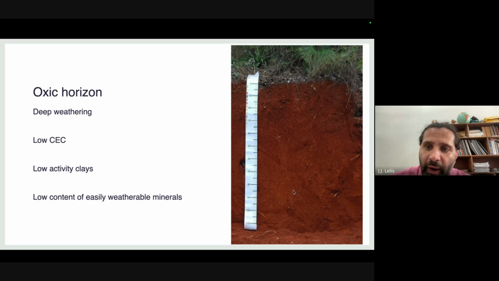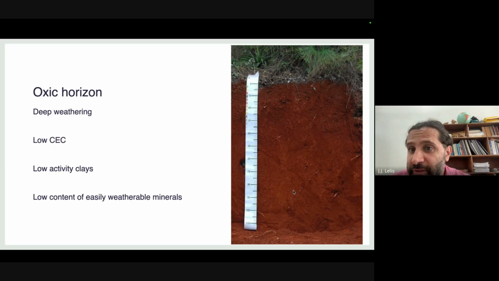The oxic horizons are formed by this intense weathering and an intense removal of silica. This intense removal of silica will destroy all two-to-one minerals and will only induce or preserve kaolinite. Even in some oxic horizons where the weathering is really intense, kaolinite is not being formed now.